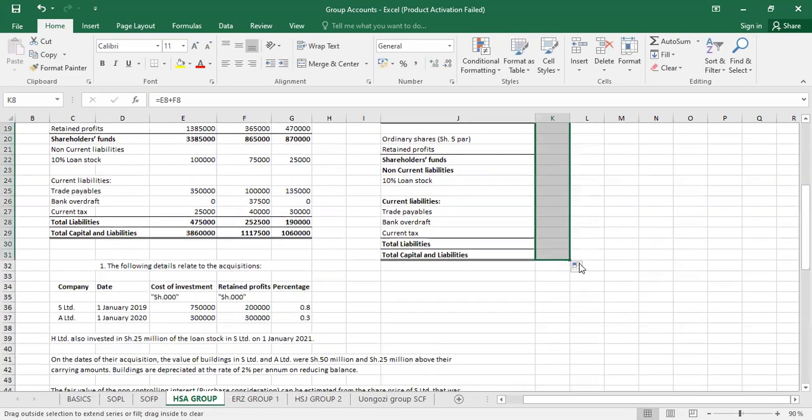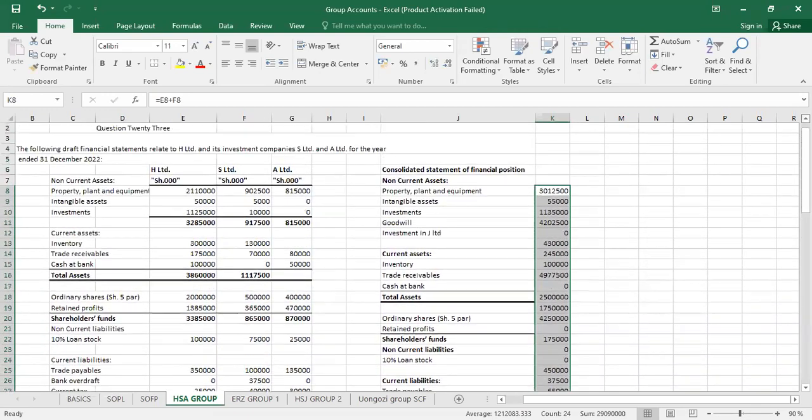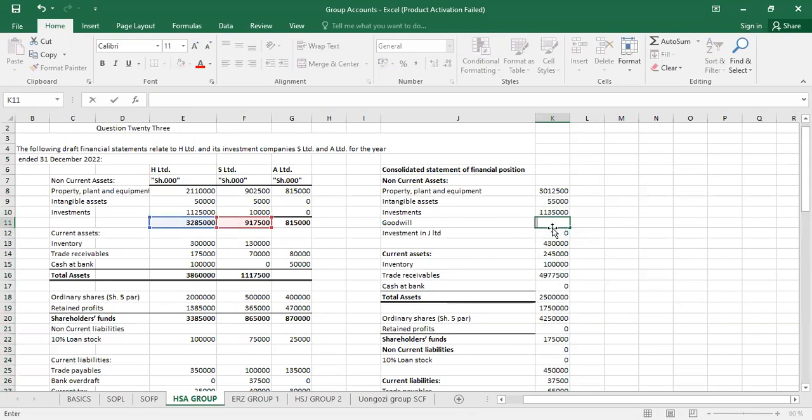Then we just drag down. Some values will not reflect. So this one is just for exam purposes. The goodwill is a summation, goodwill will not be there first. So you remove what will not be there. Investments will be there, then the totals will not be there.